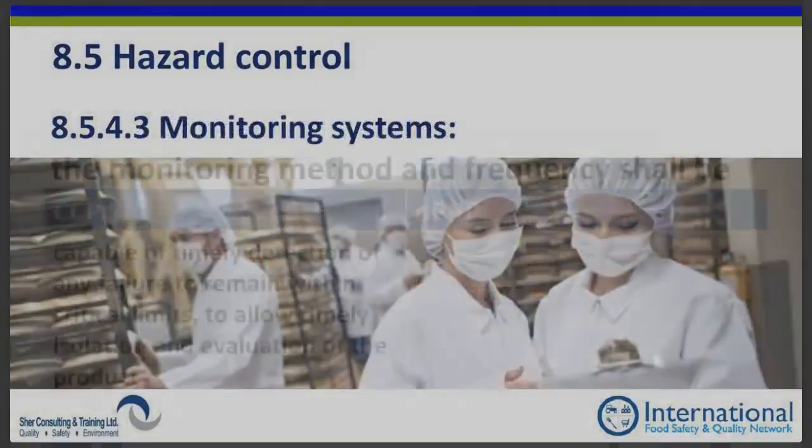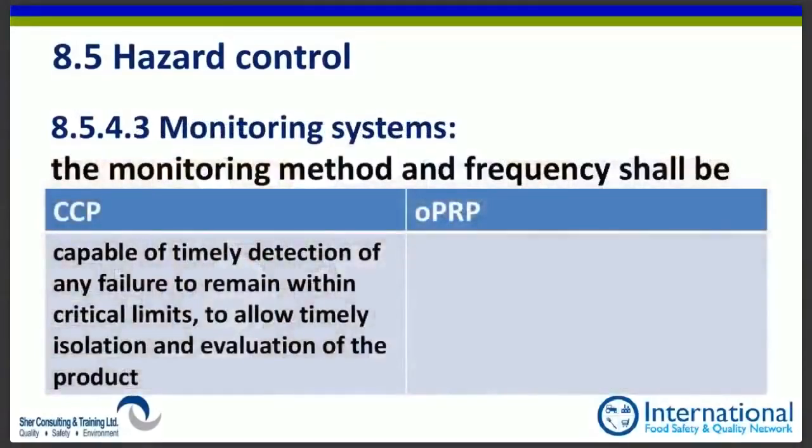The monitoring systems. Let's compare CCP and OPRP. The monitoring system and frequency shall be capable of timely detection of any failure to remain within critical limits, to allow timely isolation and evaluation of the product. That's CCP. That makes sense. That hasn't changed. So the CCP is going to be monitored in a way that if we do detect a deviation, we can isolate and evaluate the product and it won't escape from the plant.